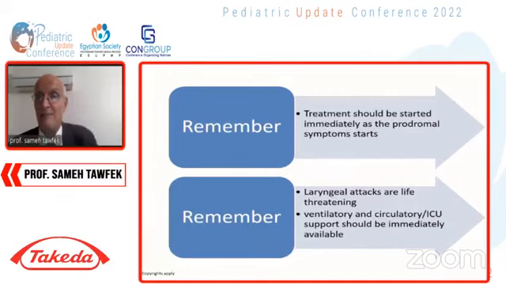And we have to know that laryngeal attacks are life-threatening. Ventilatory and circulatory support and ICU should be immediately available for these children or patients with hereditary angioedema.